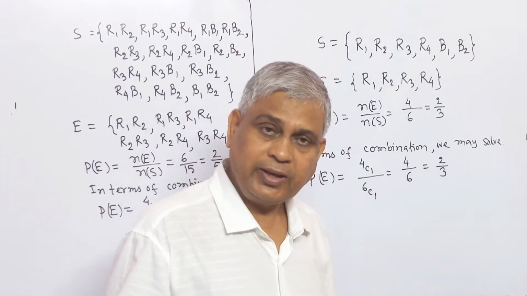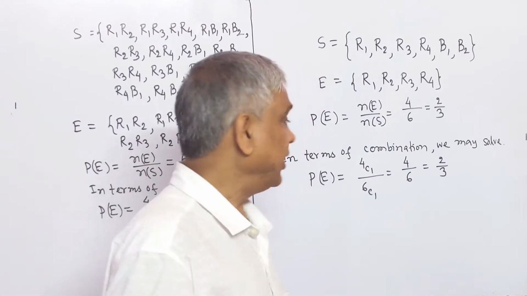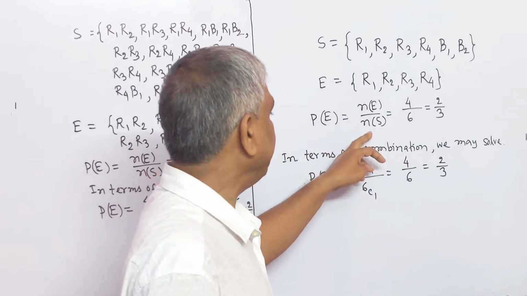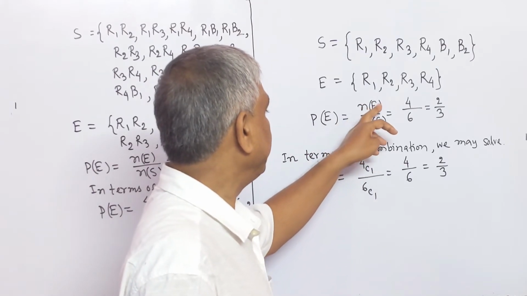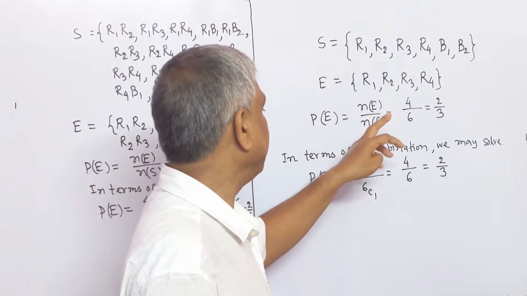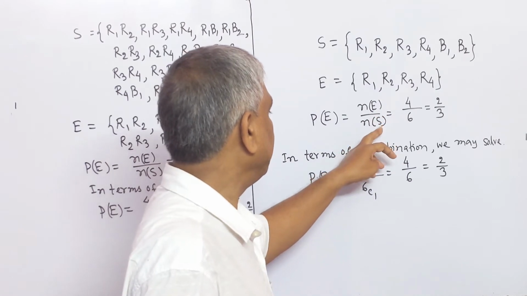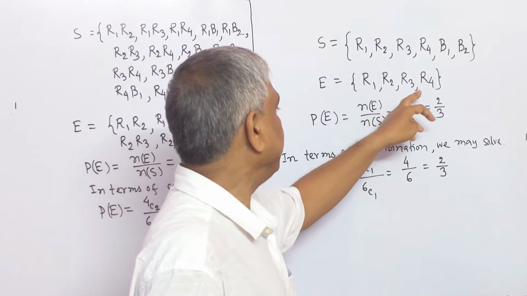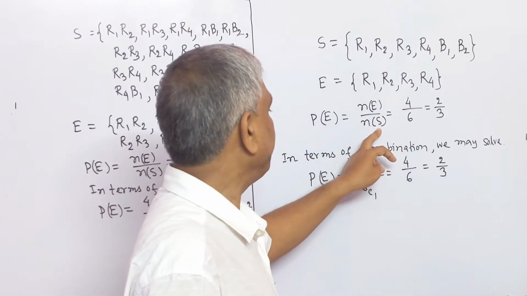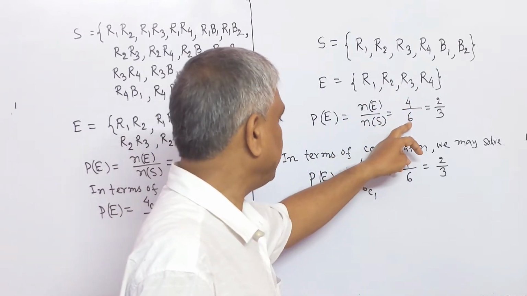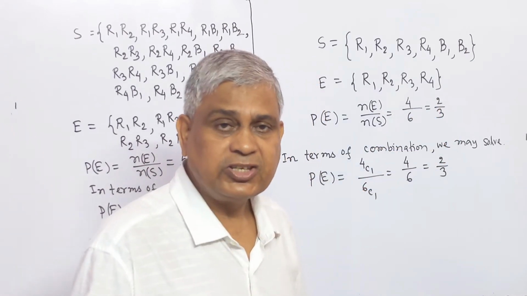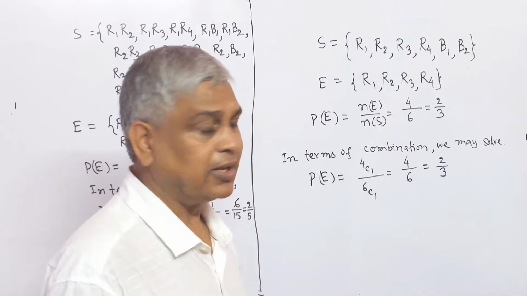We solve this problem as probability of E equals Ne by Ns, the number of elements in the event by the number of elements in the sample space. Here the number of elements in the event is 4 and in the sample space 6, that is 2 by 3. This is the earlier process.